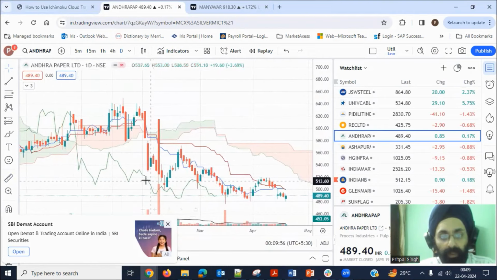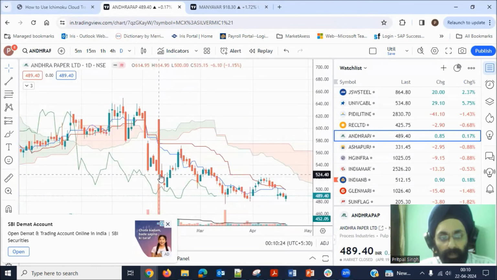So once the cloud breakout happens, the price turns bearish, and these are the kind of moves it can give. If a person would have entered here and after the next day he would have either exited, or if he would have placed the stop loss somewhere here, it would have got hit because this candle ate away all the liquidity.